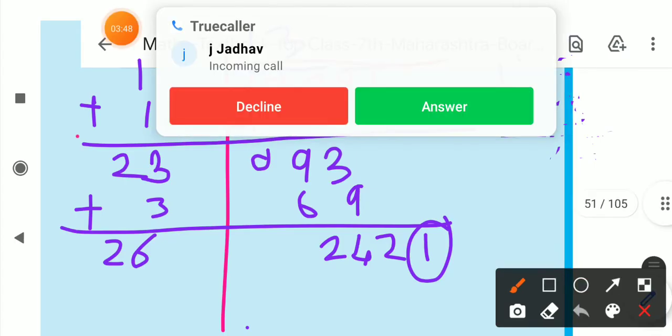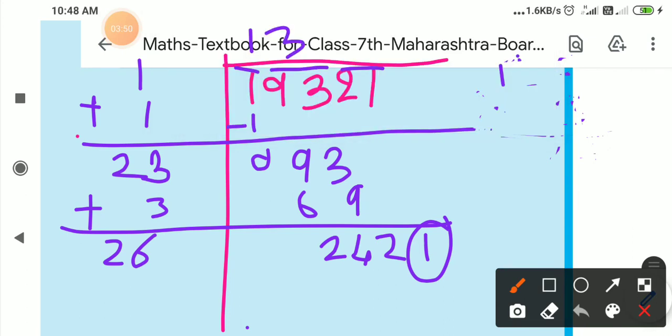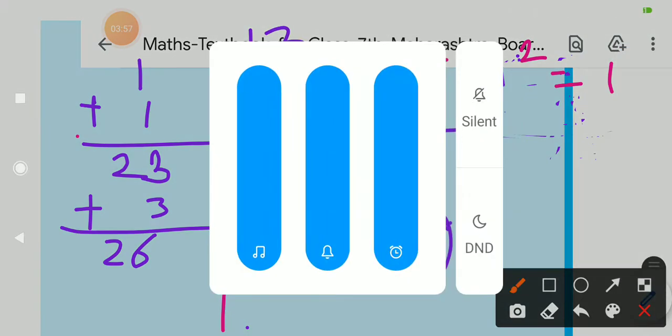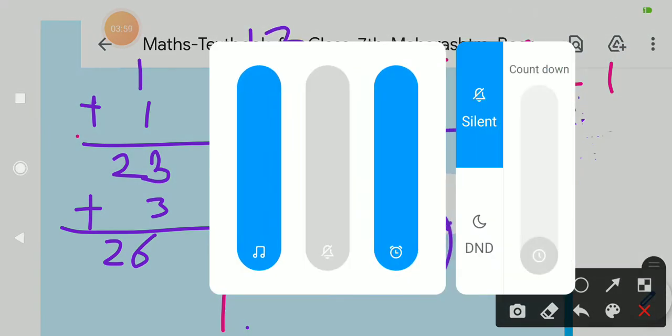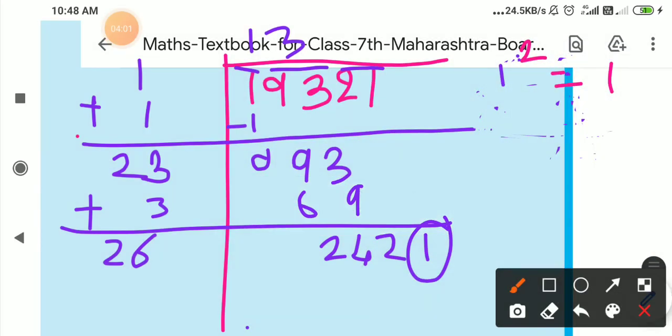You know that 1 square is 1, and again 9 square is there. 9 square is 81, and for this number the unit place is 1.